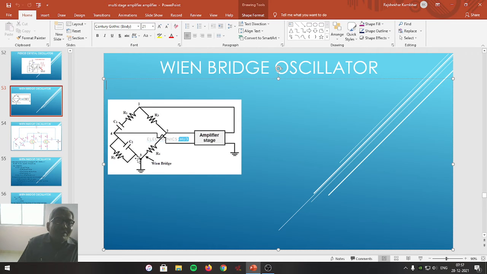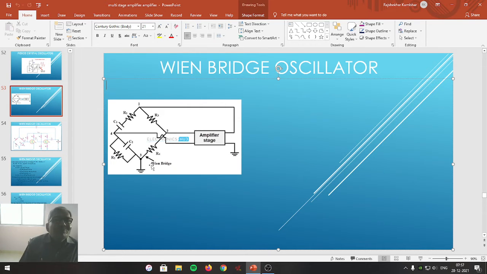When this bridge is balanced, the output produced across the bridge is 0. So the input provided to the amplifier is 0. Hence the output of the amplifier is 0. Hence the input to the bridge is 0. Means nothing is going to happen when the bridge is balanced.